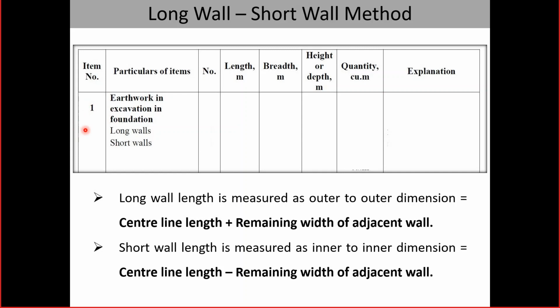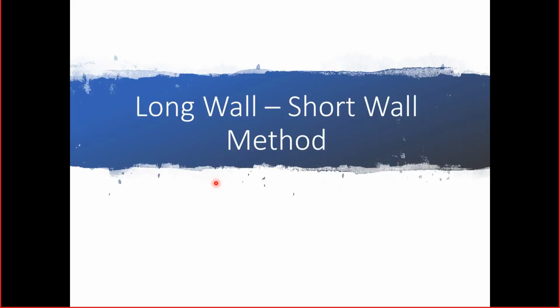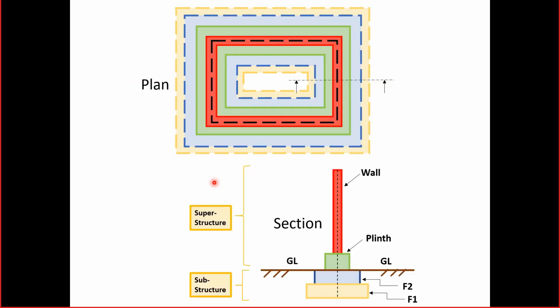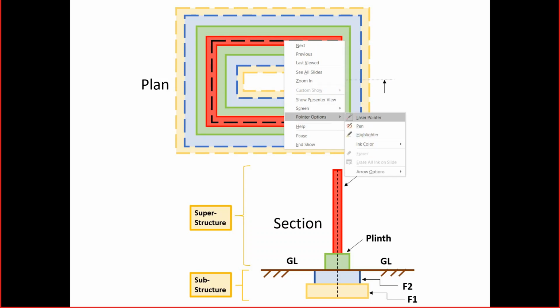Let me consider one example, earthwork in excavation in foundations, right? Why I am considering long wall short wall again is, if you go back here, there are basically two walls. This is the long wall, and this is the short wall. Let me use the pen.